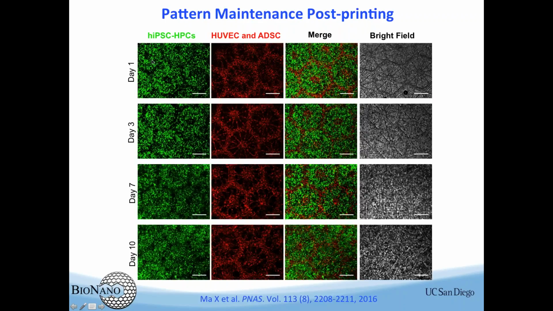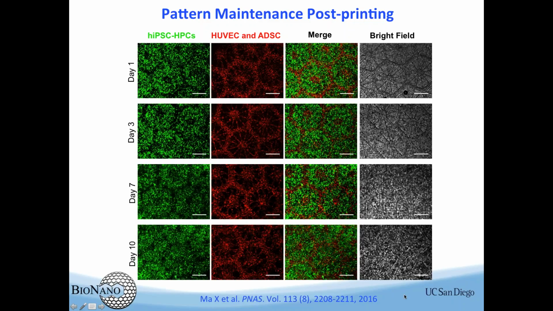In day one, you can see these cells are there in terms of culturing, and when you have more time to culture them, you can see these cells start to integrate with each other. But even at day 7 we can still see a very clear pattern of the HUVEC cells in this tissue model.